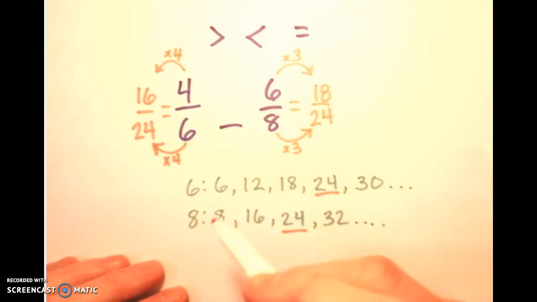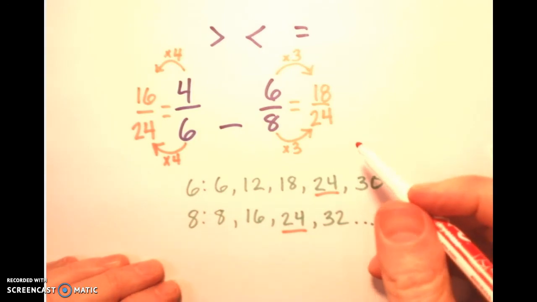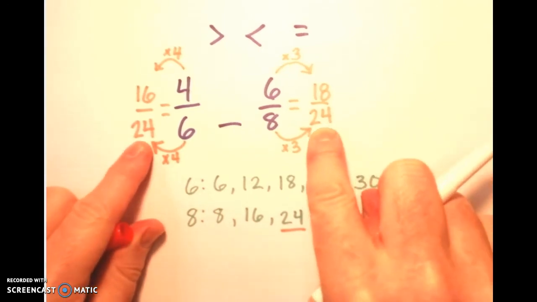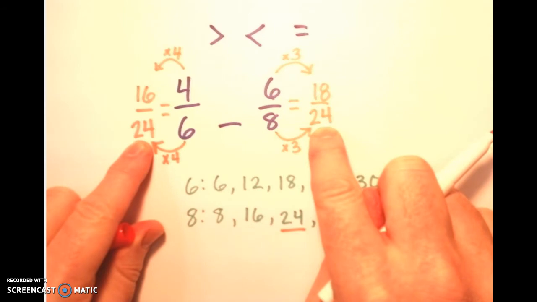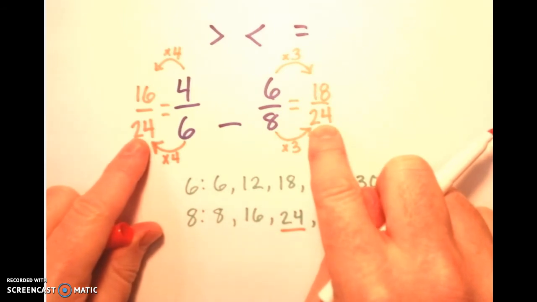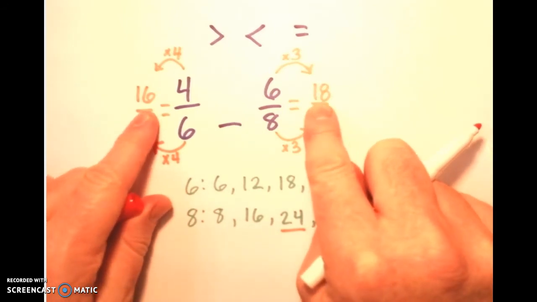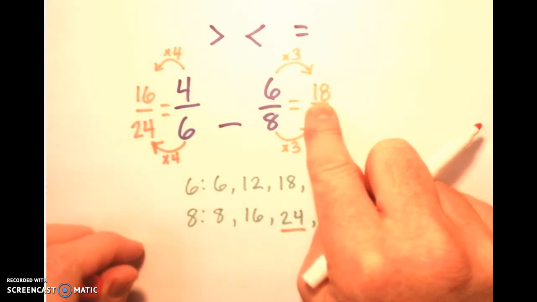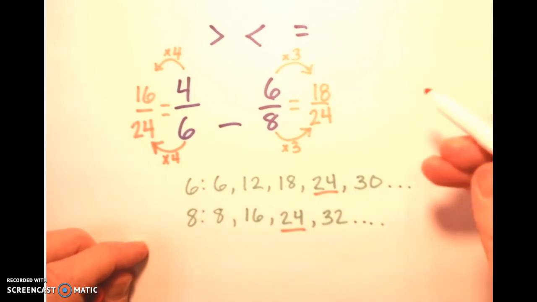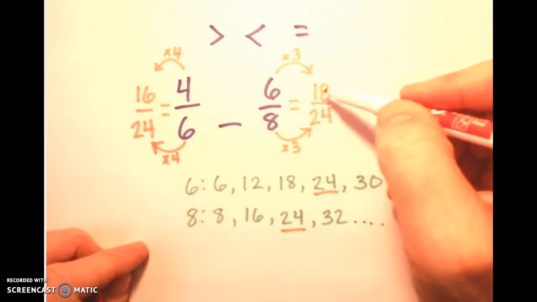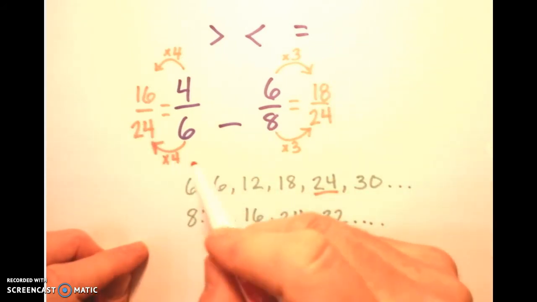Now I can make a fair comparison, a very easy comparison. My denominators are the same for my equivalent fractions. They're each 24. So really, I just need to look at my numerators. Which numerator is the larger numerator? Well, the larger numerator belongs to 18/24. Therefore, that tells me 18/24 is larger than 16/24.